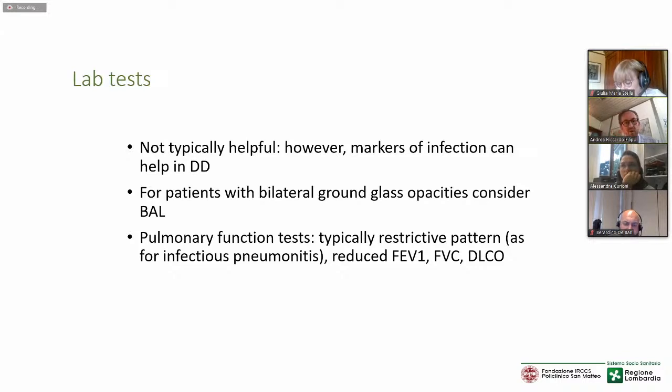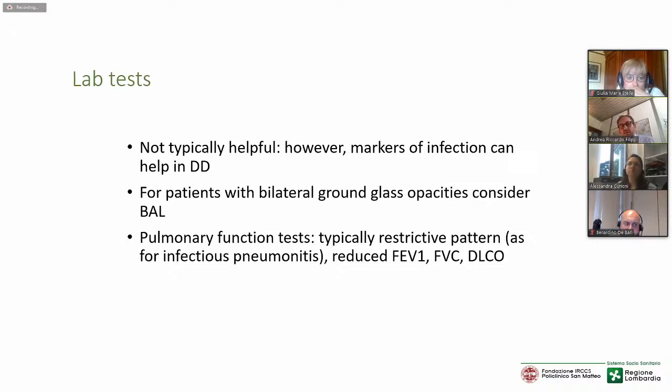The lab tests are not typically helpful. We have markers of inflammation, for example PCR or LDH, that can mimic any kind of bacterial or viral infection.